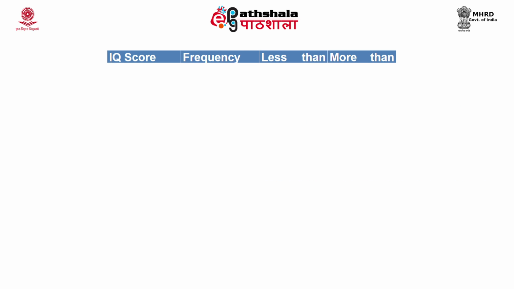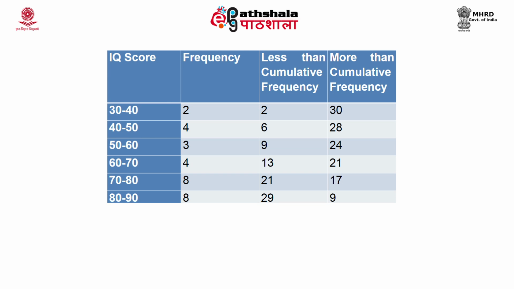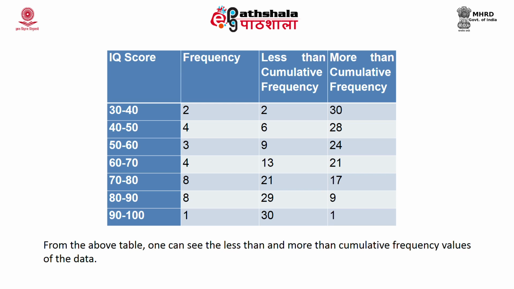Now, from the above table, you can see that the less than and more than frequency table is given on the right hand side of the table. Now, the procedure is how to calculate the less than type cumulative frequency and the more than type cumulative frequency. For that, we can see that in the class interval 30 to 40 we have frequency value 2, and in the next interval we have frequency value 4, that is for interval 40 to 50.